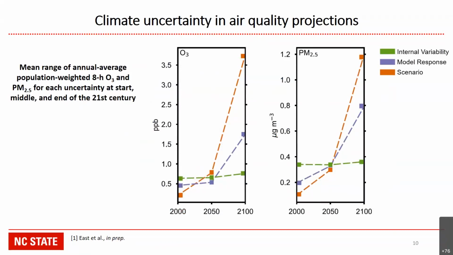So as you can see, again, by mid-century, all of them are pretty comparable, same order of magnitude, same range of uncertainty coming from these 3 sources. And it's not until the end of the century, when we look at US population-weighted concentrations, that the scenario really starts to dominate. But internal variability still plays a significant role and adds a significant amount of uncertainty.